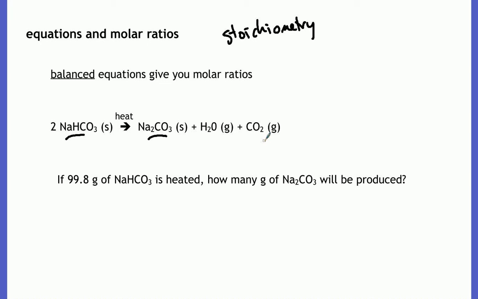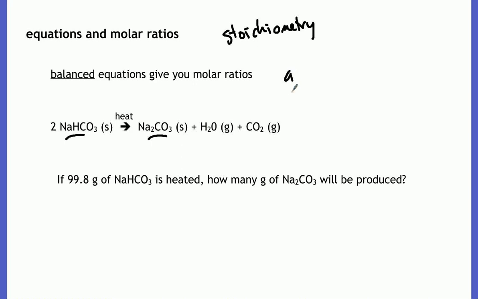But I can't really just compare masses across the board because different substances have different molar masses. So that 2-to-1 ratio that's going to be useful for me won't be useful unless I have a mole amount. So this process has more than one step. You just need to learn what steps to do, how to do it, and it should be pretty easy.